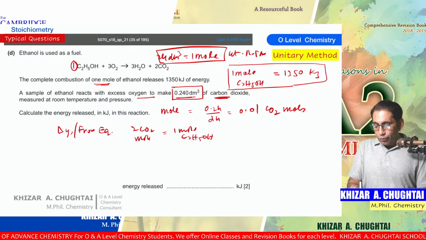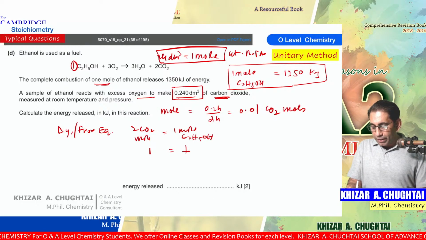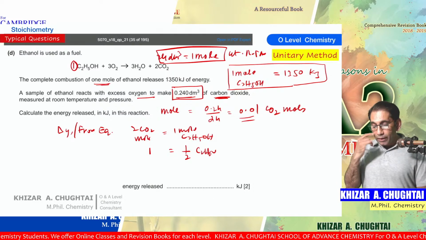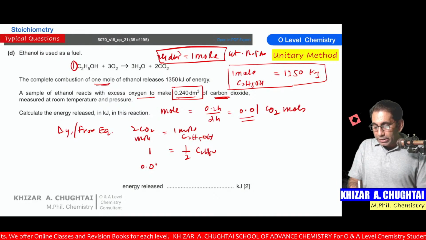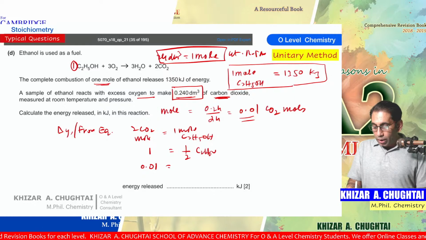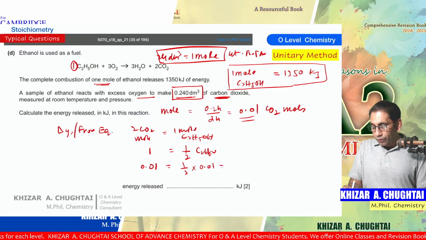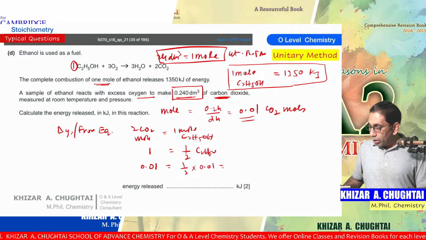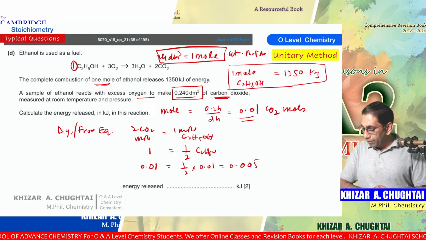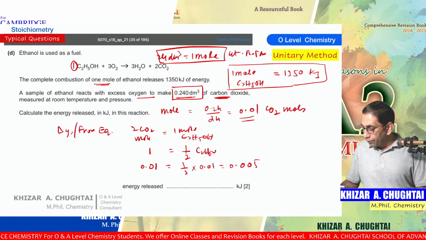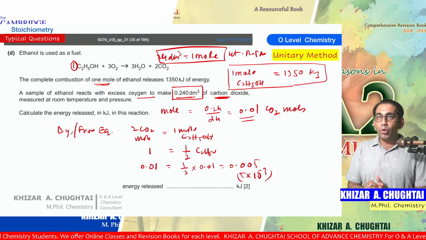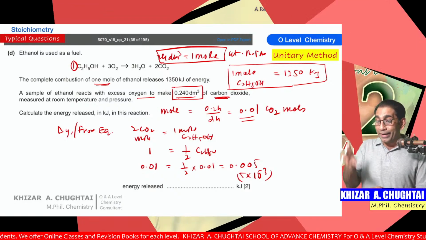If you are making 1 mole of CO2, it will be half mole of C2H5OH, and at the moment the amount of CO2 that is being formed is 0.01. So what will be the answer of required mole of ethanol? It will be 0.01 divided by 2, and it will be 0.005 if I'm not wrong. 0.005, or you can say 5 into 10 to the power minus 3. So this is the answer of the mole of ethanol that is going to burn in this experiment.